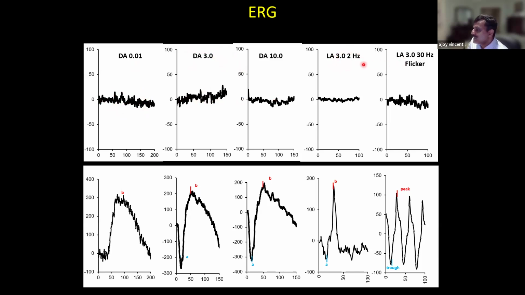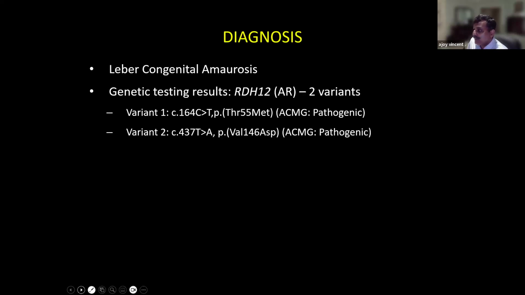When you look at the cone system, again, compared to the control, there is no detectable cone system function. So this patient has severe generalized rod and cone photoreceptor dysfunction. Now, from a clinical diagnosis, this is a child who had symptoms since infancy, poor vision, non-detectable ERG.